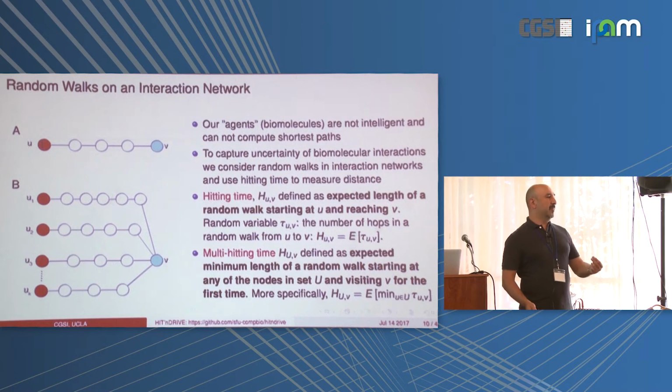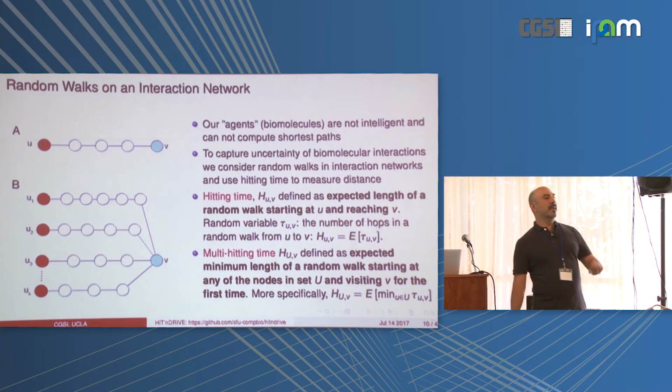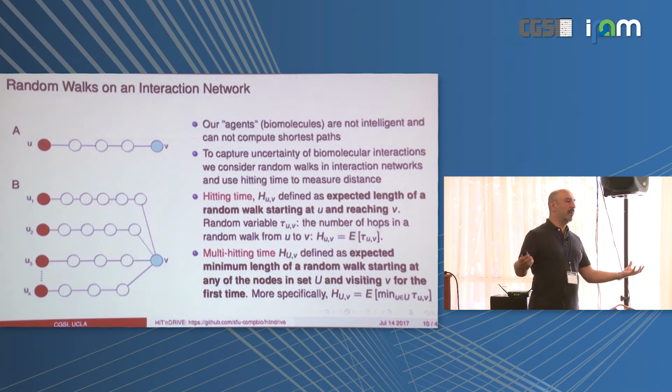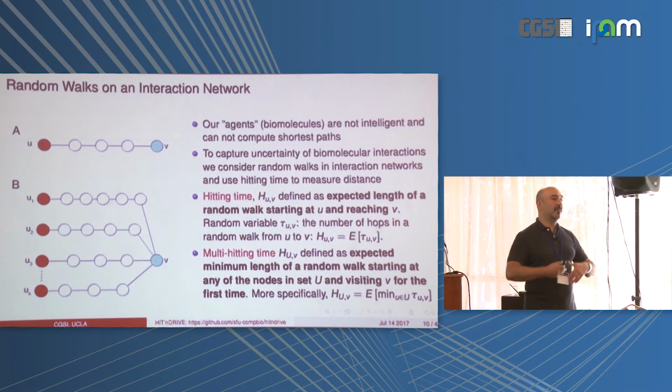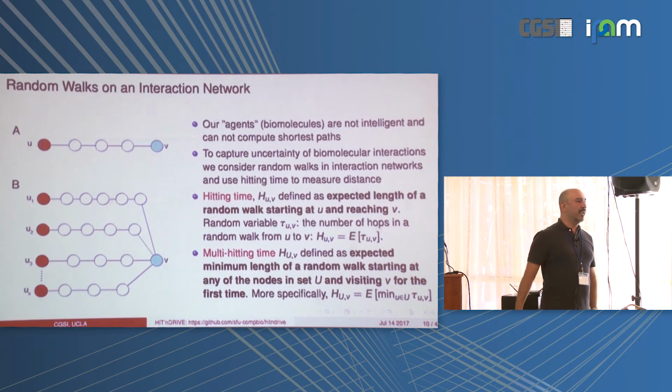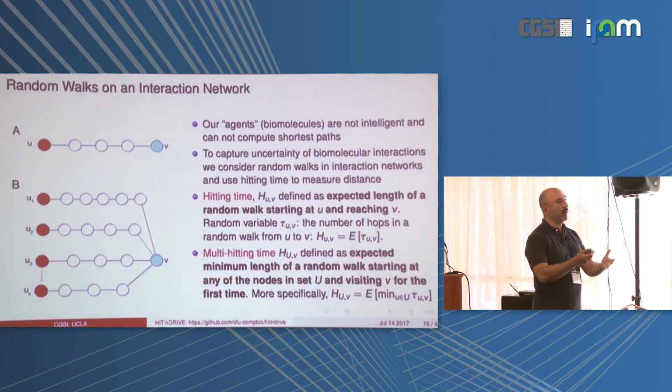And hitting time is interesting. It generalizes to multiple sources. So suppose that, in the hospital placement problem, you have multiple ambulances trying to serve a particular patient in an emergency situation. Rather than sending one ambulance, suppose that all hospitals send one ambulance independently. They're all trying to find the patient, but they're blind. They don't know where they're going.